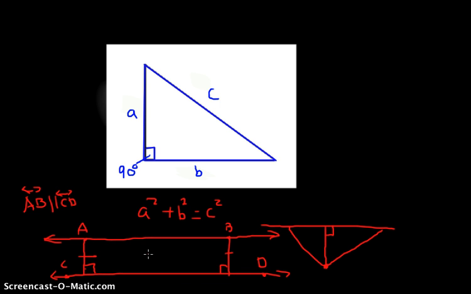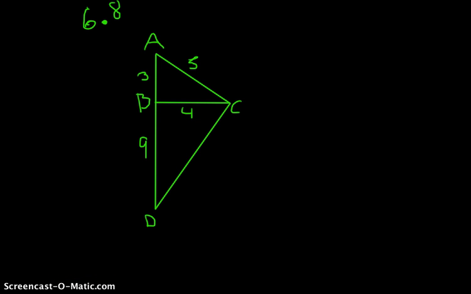And now I'm going to go over a problem to show you how the Pythagorean theorem can be used. This is problem 6.8 in section 6.1, and all it says is the side lengths are given here, and they want you to find how long CD is. They don't necessarily say this is a right angle or this is a right angle.